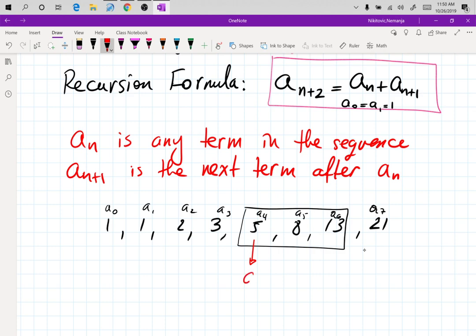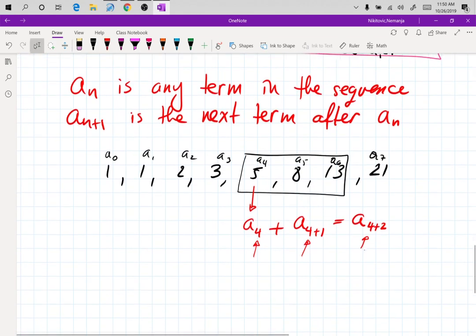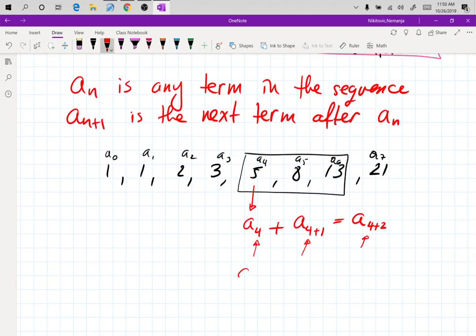This is my A4 plus A4 plus 1 to give me A4 plus 2. You can see that's a 4, that's a 4, that's a 4, and if those are all 4s, it's then an. Anytime you have a 4, 4, 4 or whatever, you can replace with an, and that generates the formula that is used.